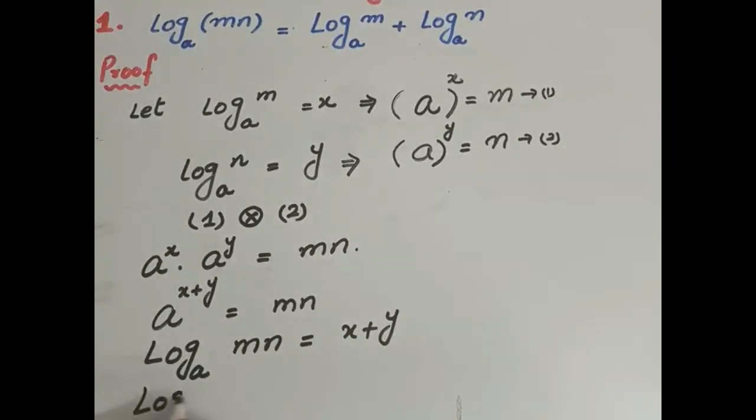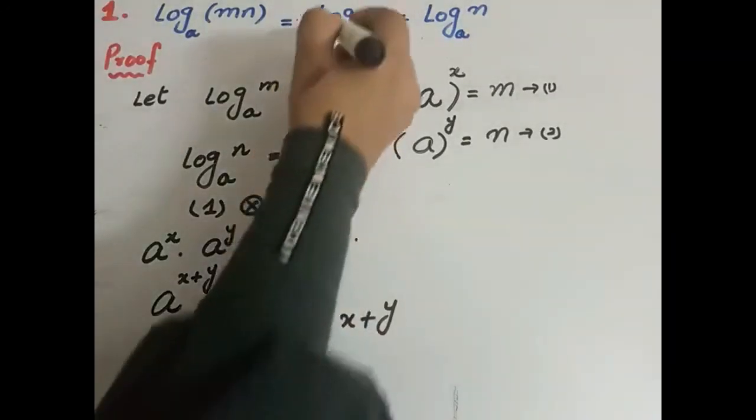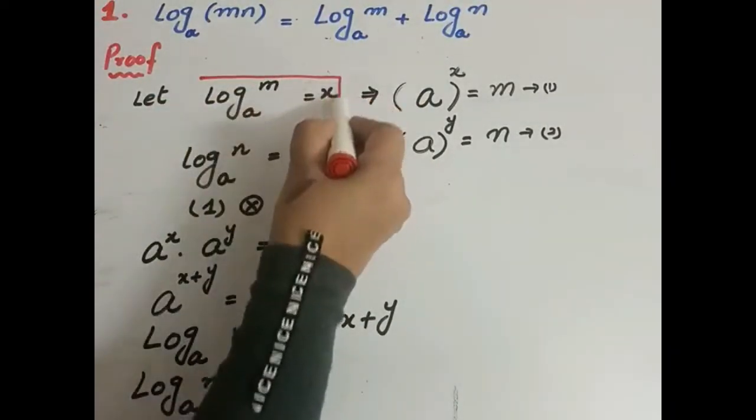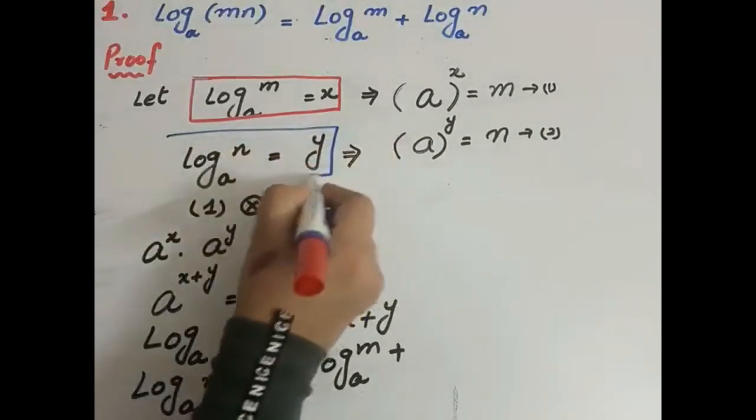So log mn to the base a is equal to, what is the value of x? We have supposed this one as x. So put the value of x over there. This is log m to the base a plus the value of y, which is this one.